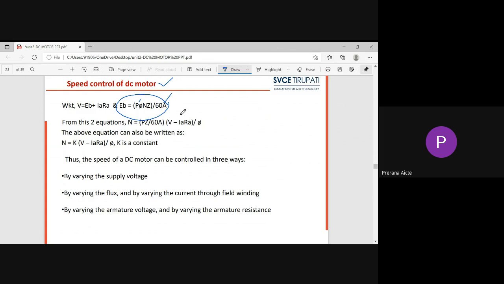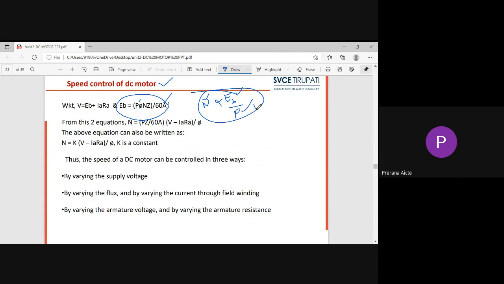From this, we obtain the equation N is directly proportional to Eb by phi. So from this equation, the speed control of a DC motor depends on back EMF and flux.